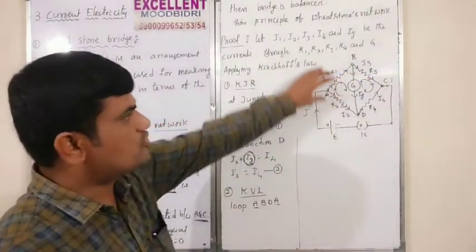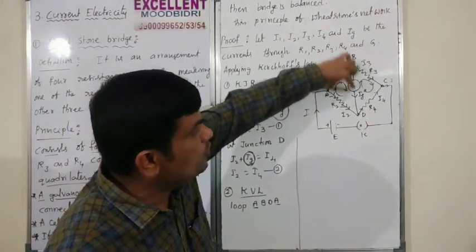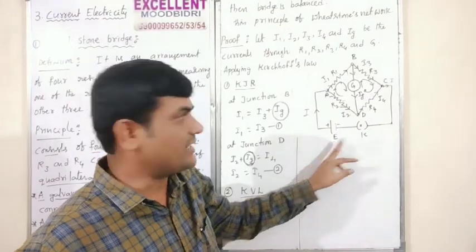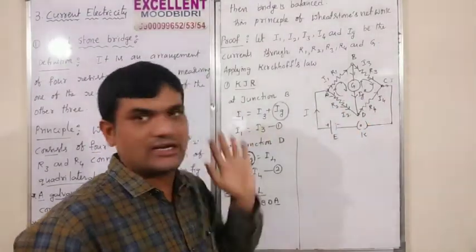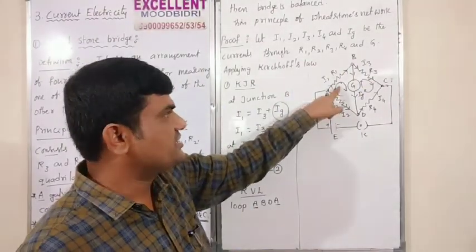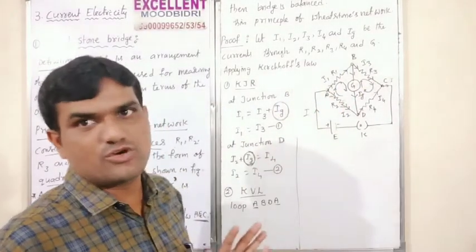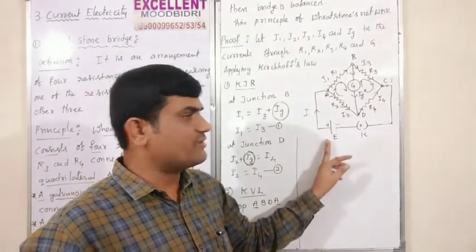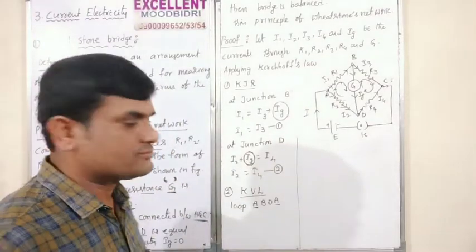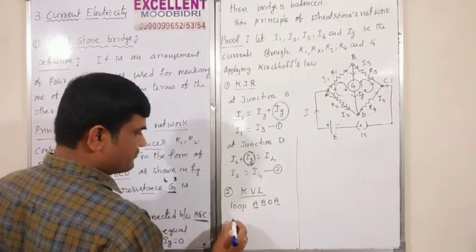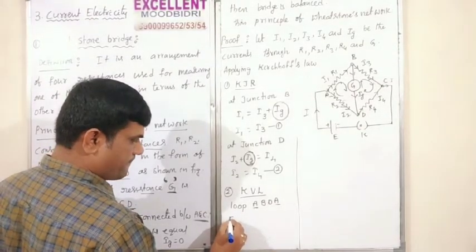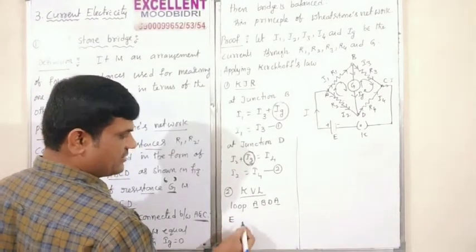Remember, the battery will be there in the other loop. That is different, it is related to the total circuit, the total network. So in this loop, EMF is equal to 0. Okay. So loop, total EMF I will consider E. Right. E. Next term.